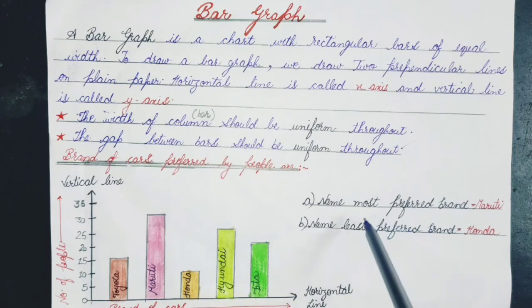Least preferred means which is the minimum preferred, means it is preferred by very few people. Can you see any brand which is less preferred by the people? Yes, Honda, which is preferred by 10 people. So we can write the answer Honda. You can observe class, within seconds we can give the answers with the help of the bar graph. Am I clear with this?